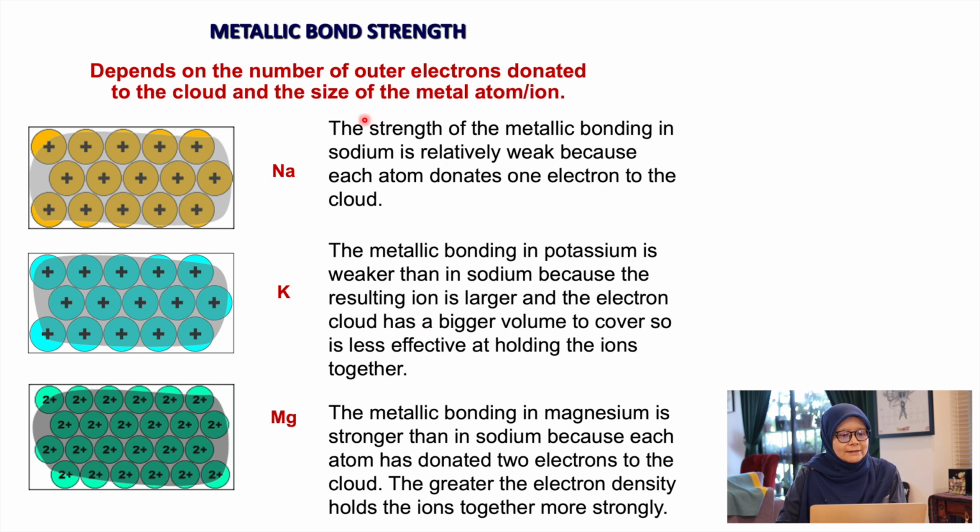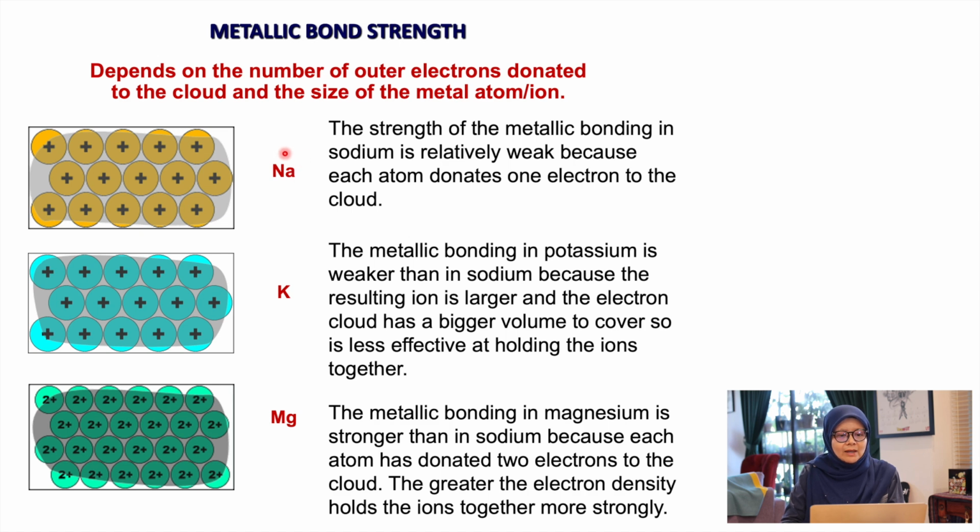The metallic bond strength has two factors that affect the strength of the bond. The first one depends on the number of outer electrons donated to the cloud, and the second one is the size of the metal atom or metal ion. In this I have one example.